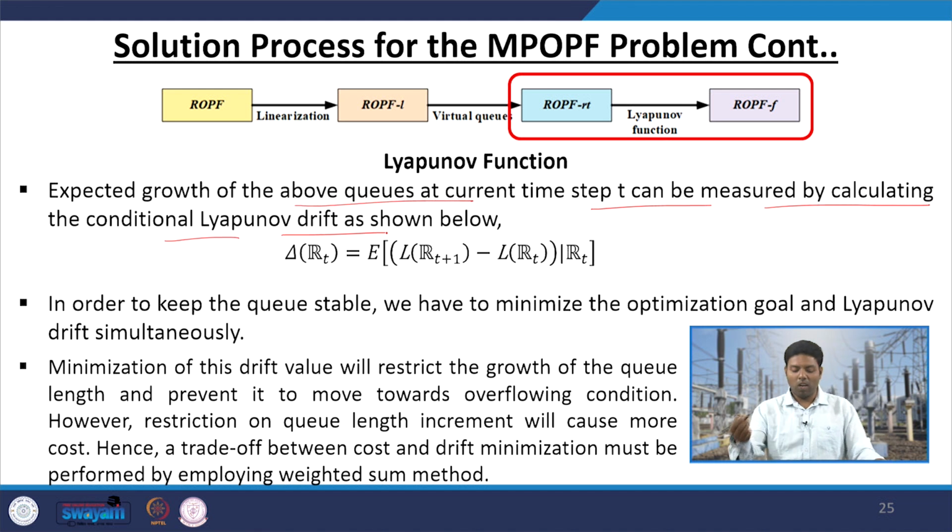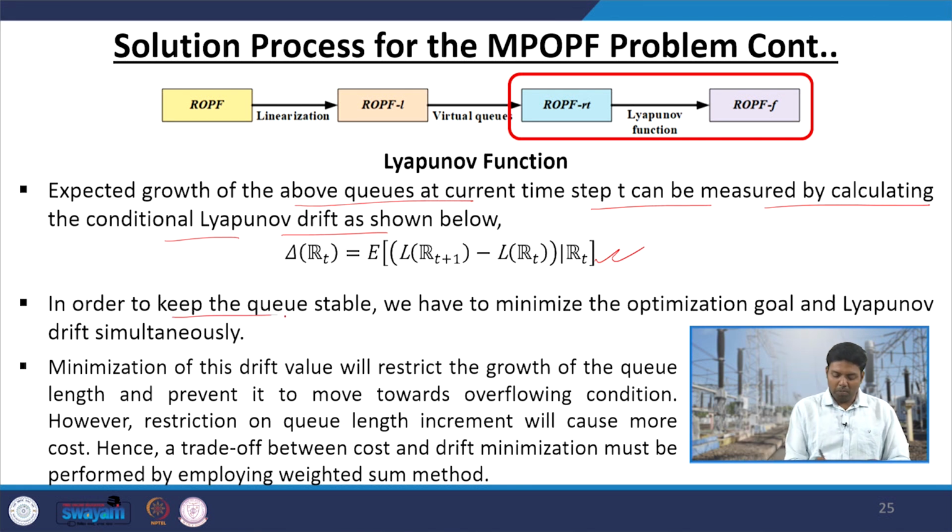That means, what is the Lyapunov function value now and what was it at the previous time step. If the drift is minimized, if it is not moving, if the drift is 0, then you can say your Q length is also stable. If the Q length is stable, that means your operation of that quantity is not happening. That means you are restricting its operation.